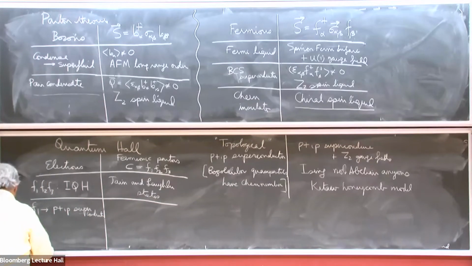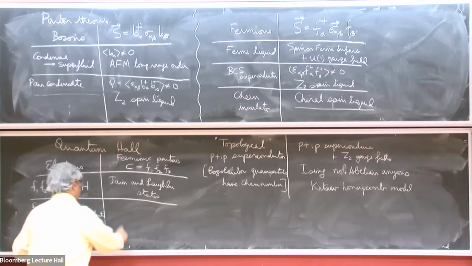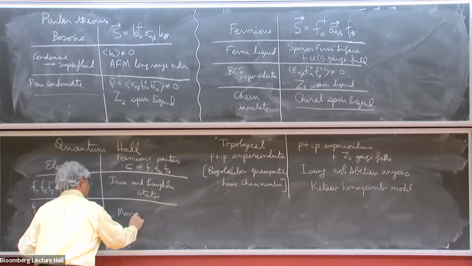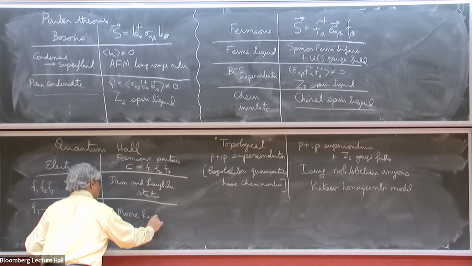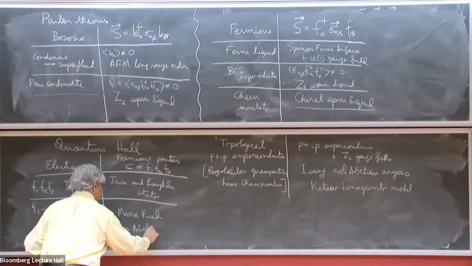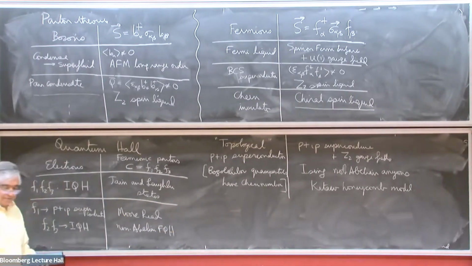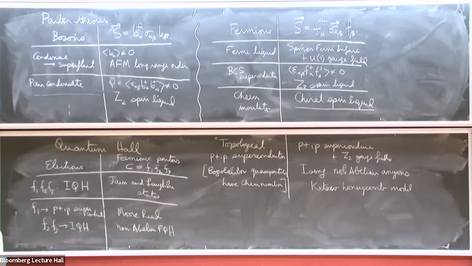And then F2 and F3 form the integer quantum Hall state. And this leads to the Moore-Read non-abelian fractional quantum Hall state, which there's some sign of in some experiments.